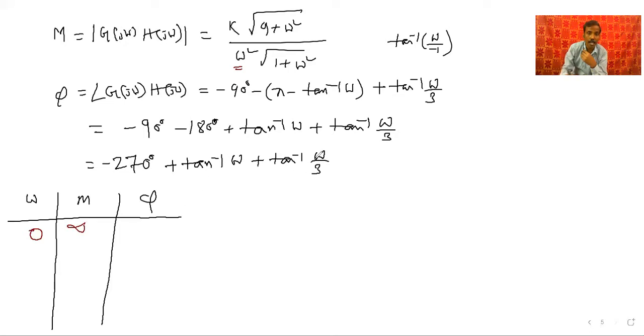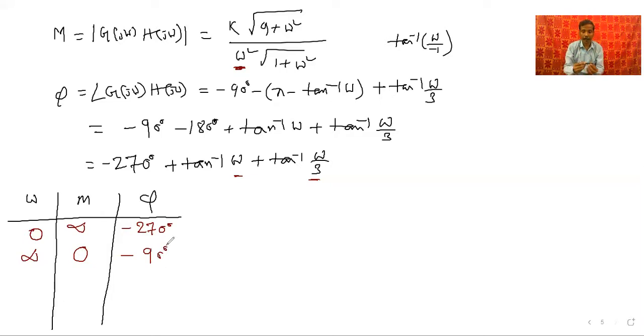And for omega equals 0, the angle is minus 270 degree. This is the starting point. And the terminating point, omega infinity: something by infinity is 0, and the angle is minus 270 degree plus 90, that means minus 90 degree.